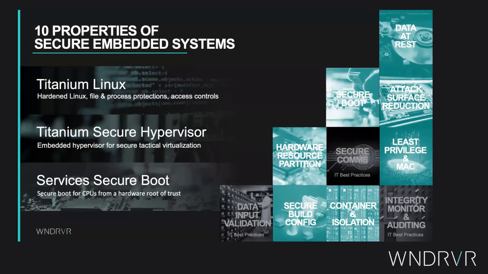Titanium Secure Hypervisor uses hardware resource partitioning and the principle of least privilege. Titanium Linux uses the principle of least privilege and mandatory access control. And all of them follow secure build and configuration guidelines.